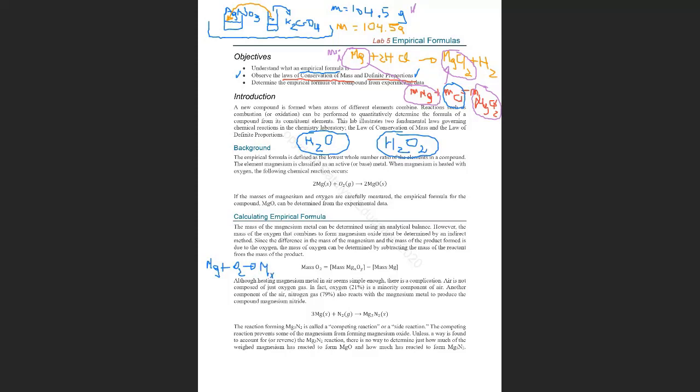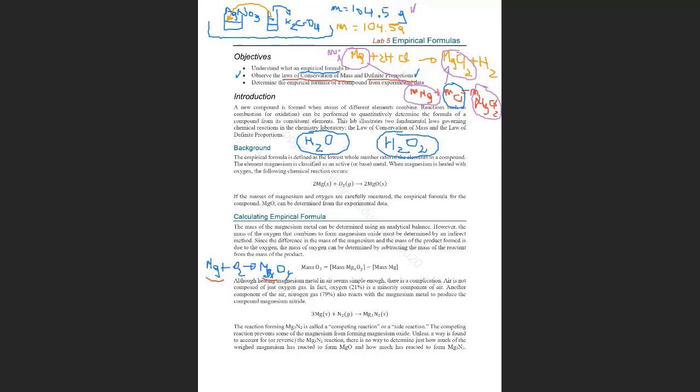Let's say the subscripts are X, magnesium X, and oxygen Y. So you are basically reacting the magnesium with oxygen, and this is just another example. And they are saying, okay, the mass of the magnesium in the compound, I know because it's the same as what I had at the beginning.